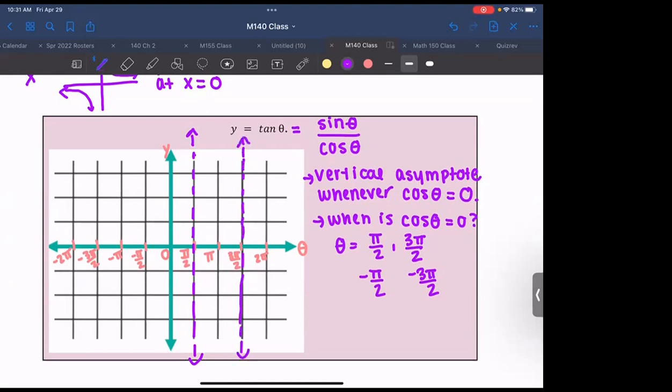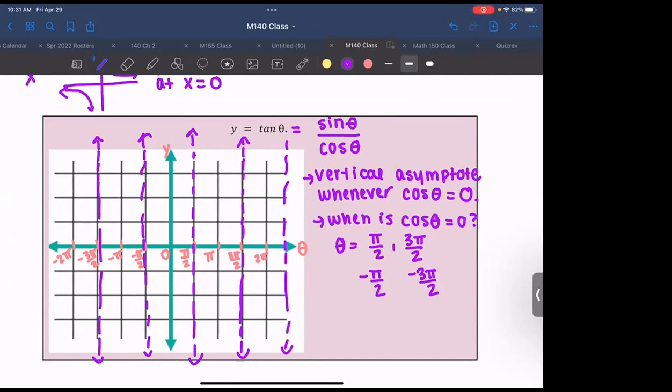And going in the negative direction, we have negative pi over 2 and negative 3 pi over 2. Now, I bet we could even extend this further. If you want to, you can draw an asymptote every 2 blocks, right? So there probably is one here.